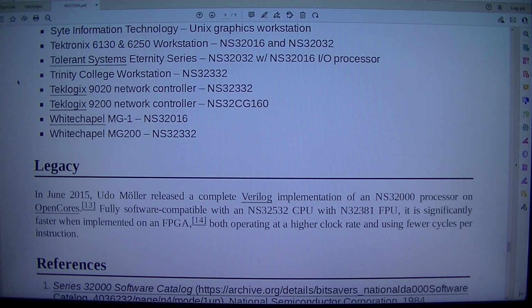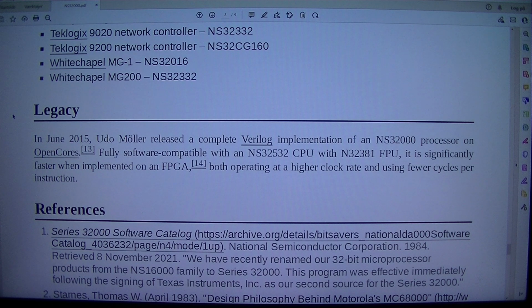Tolerant Systems Eternity Series NS32032W/NS32016 I/O processor. Trinity College Workstation NS32332. Techlogix 9020 Network Controller NS32332. Techlogix 9200 Network Controller NS32CG160. Whitechapel MG1 NS32016. Whitechapel MG200 NS32332.